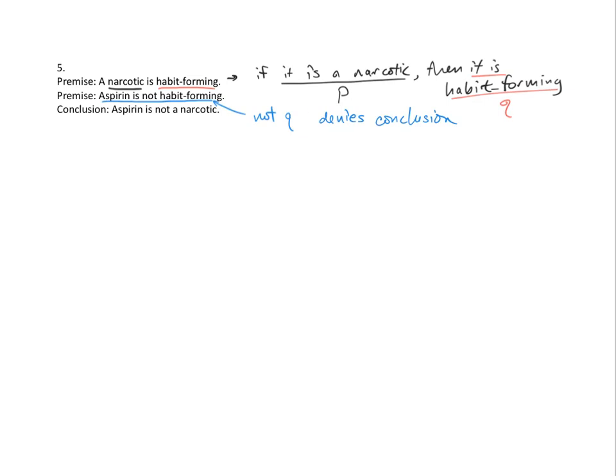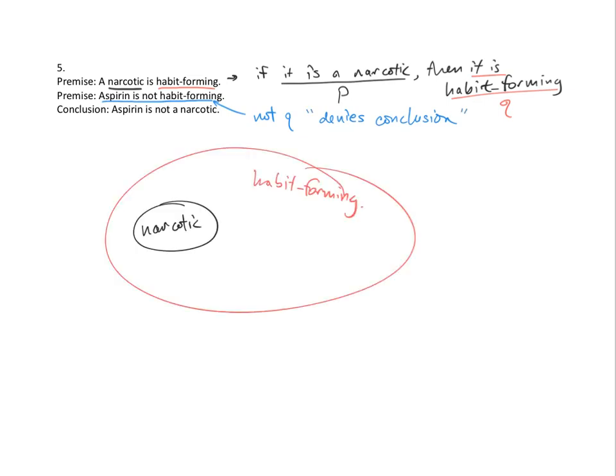Okay, so we have all of this information. Let's set up our bubbles. So here we go. We have our first part, our hypothesis is the inner bubble. Our conclusion of the conditional statement is the outer bubble. But we know this. I'm going to call X aspirin.